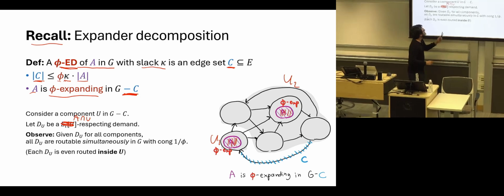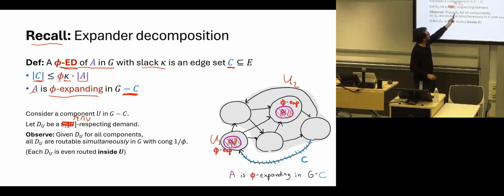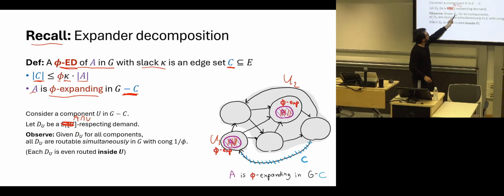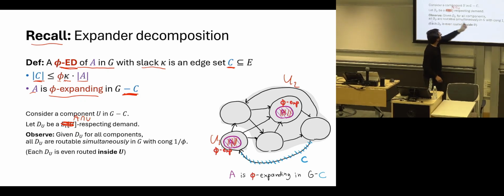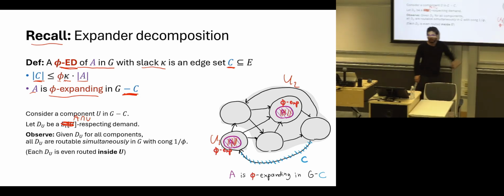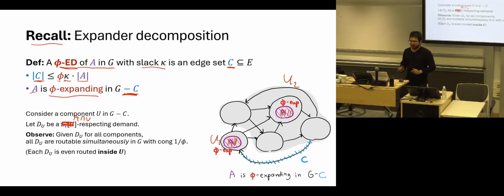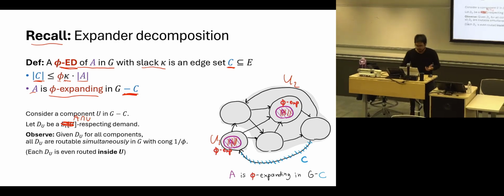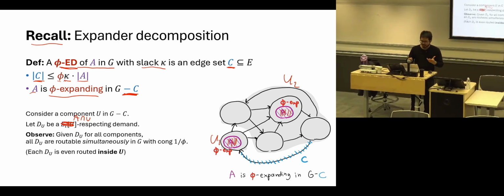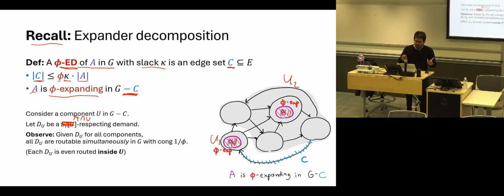We know that given d_U for demand on every component U, all of these d_U are routable simultaneously in G with low congestion. Nothing happened here, because A is expanding, so demand on A is routable.